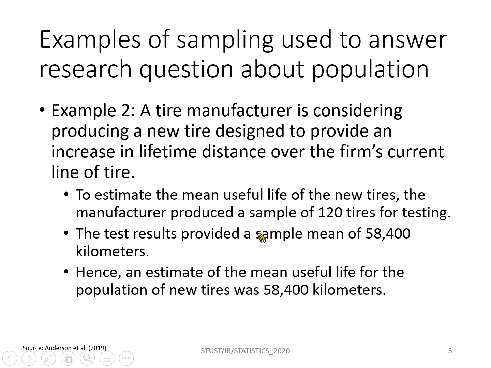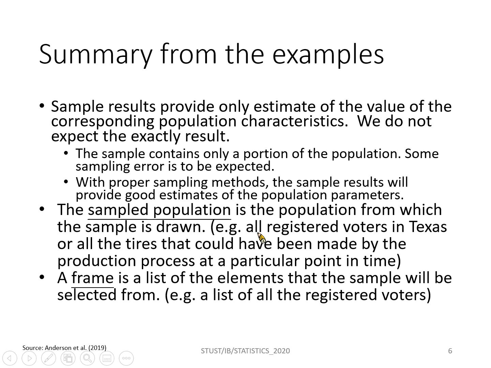The testing provides a sample mean of 50,800 kilometers. So it's an estimate of the mean useful life for the population of the new tires. And from the examples, we can make a summary.